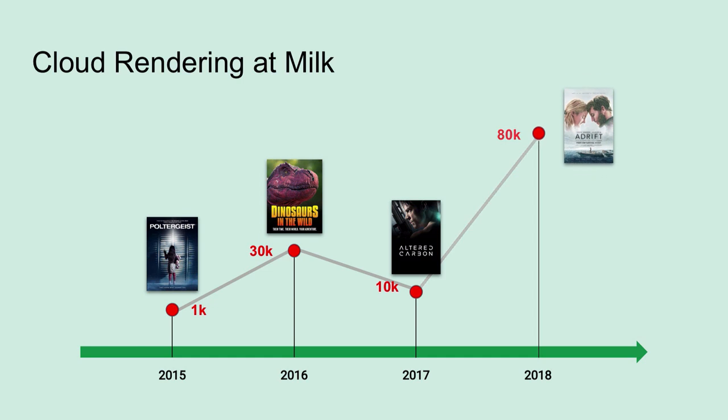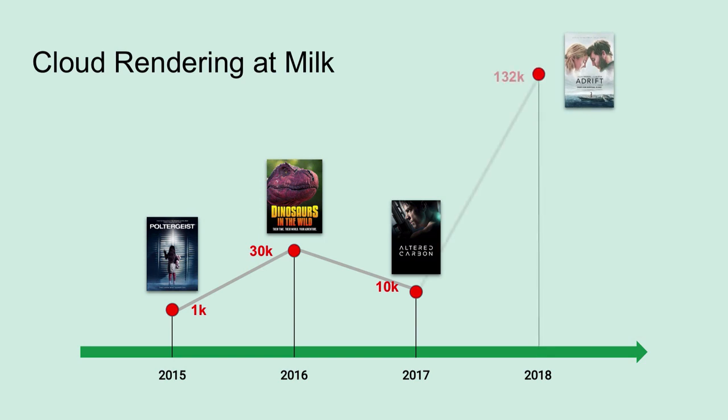And in the last 2 weeks, we actually peaked at 132,000 cores. So, which might not be the biggest number that you'll hear today, but I think what's important is that even on small scale productions and with limited resources, like small teams, you can actually achieve really huge renders like that.